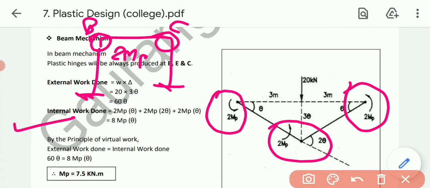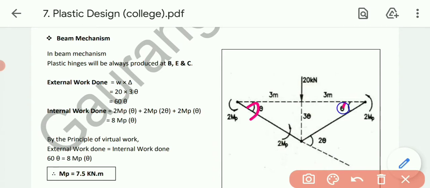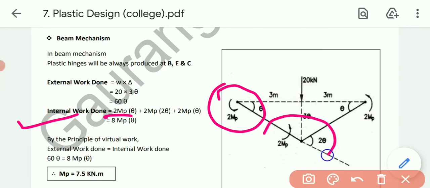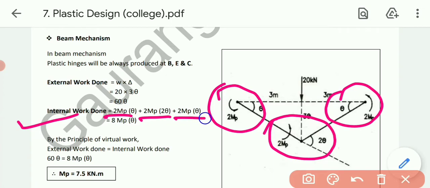The rotation there is theta plus theta, that is 2 theta. So the internal work done is twice MP into theta, then twice MP into 2 theta, then twice MP into theta. Ultimately we get 4 plus 2 plus 2, total 8 MP into theta.